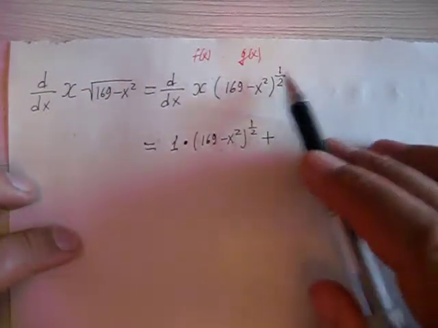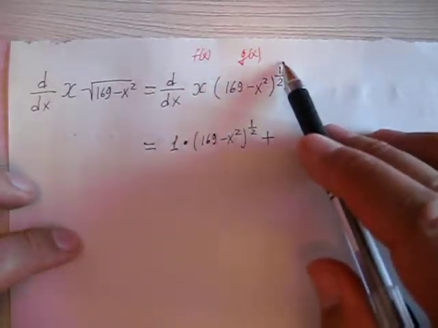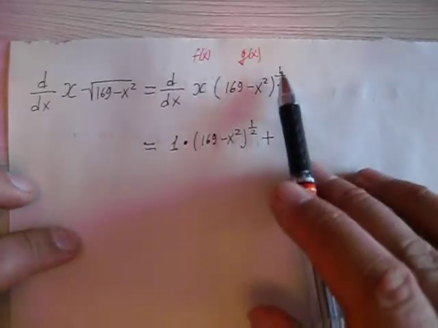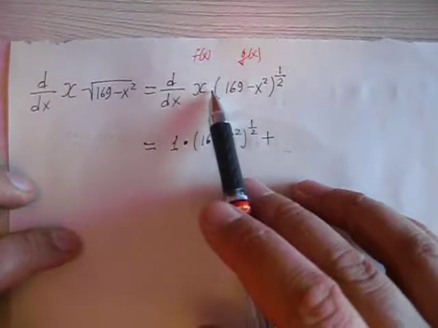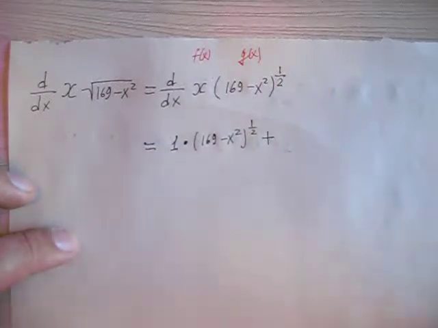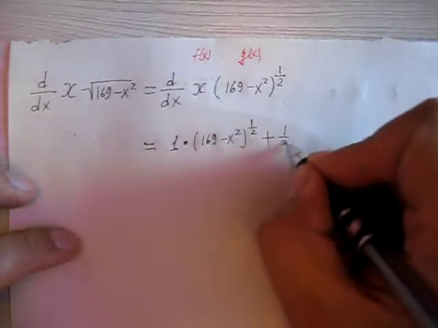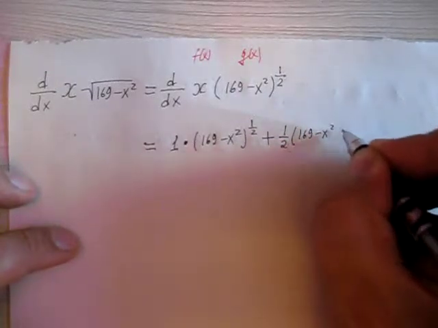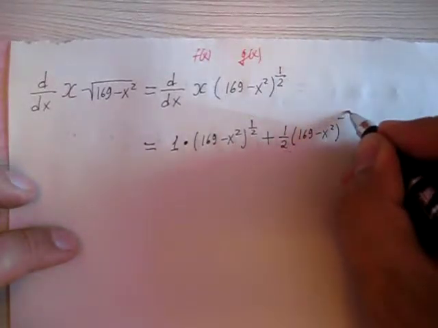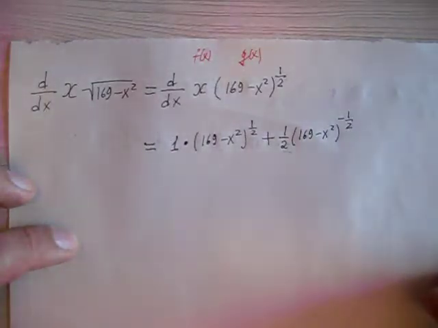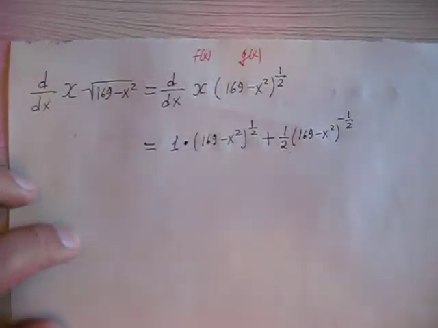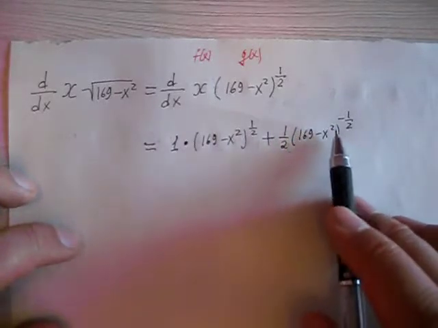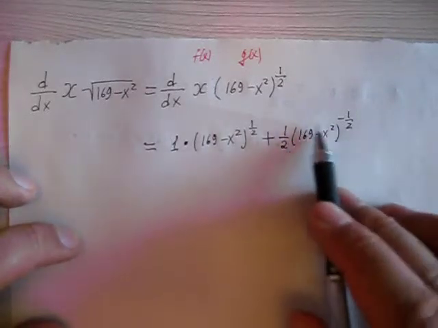The outer function is this quantity to the power 1/2, so we can just use the power rule. So 1/2 in front of the brackets and subtract 1. We will have 1/2 times (169 minus x squared) to the power of minus 1/2, times the derivative of the inner function, and the inner function is the expression inside these brackets.